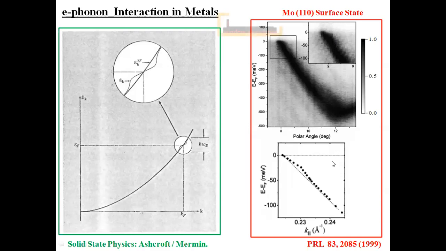The black filled circles are the actual band seen in the experiment, and the white dotted line is drawn as a schematic. That should be the structure of the band if there is no electron phonon interaction. Now you can see there is a clear deviation from that linearity. So this is one example of electron phonon interaction in a metal.